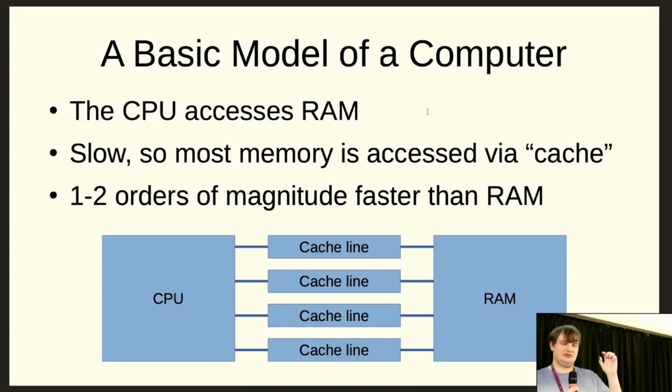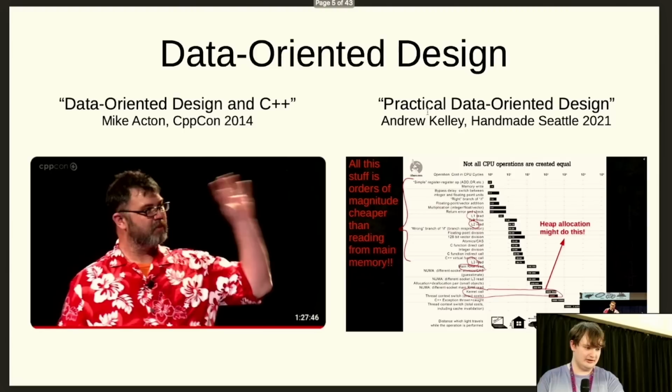The cache is organized into lines. These will generally be basically 64-byte blocks, which can be fetched from memory. And if, when we try to fetch some memory, it's already in cache, it'll be way faster because we can fetch it straight from cache, which is about between 10 and 100 times faster, typically, depending on which level of cache. The actual structure is more complicated in this diagram, but this is a good enough mental model to think about what we're going to be doing today.